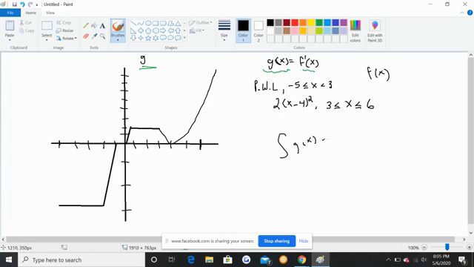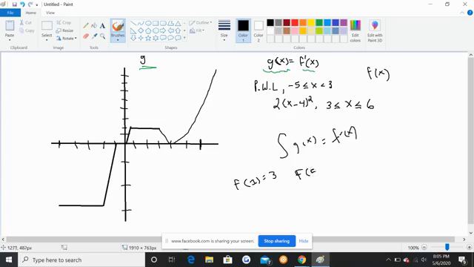Since g of x is equal to f prime of x, the integral of f prime of x is just going to equal f of x, right? And so we know that f of 1 is equal to 3, and we want to find f of -5.